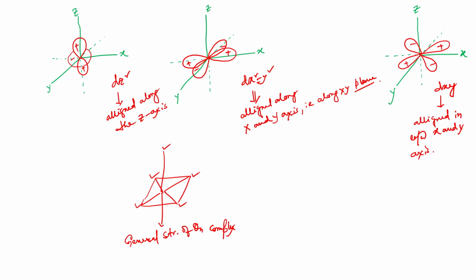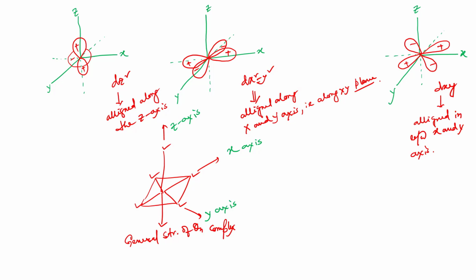You can see the ligands are coming actually along the x-axis. If you think this and this is the x-axis, this is the y-axis, and this is the z-axis.